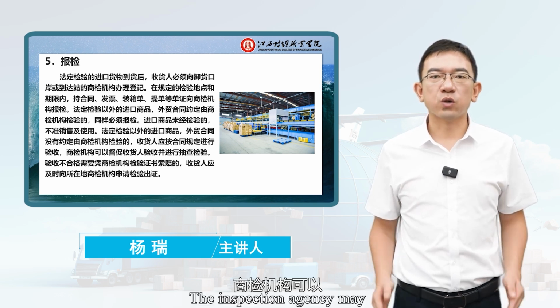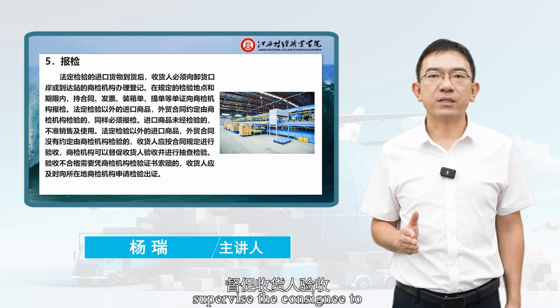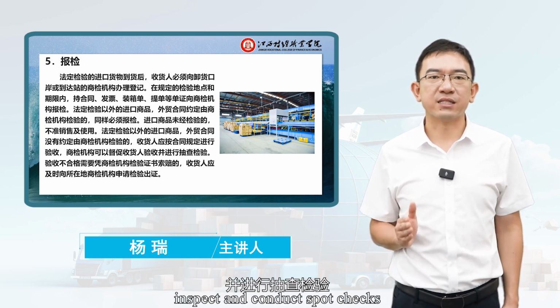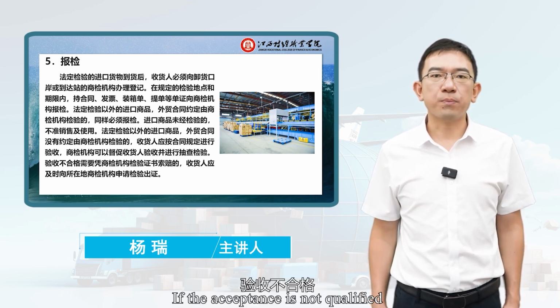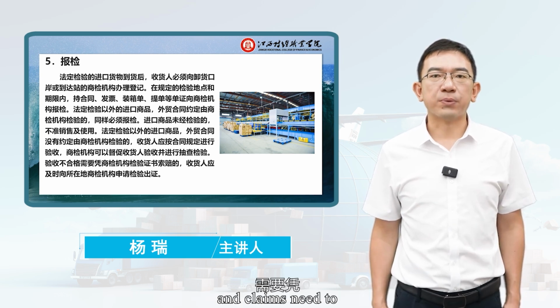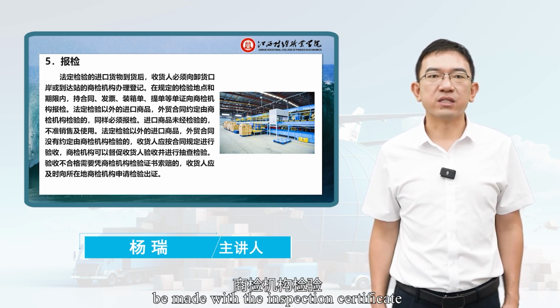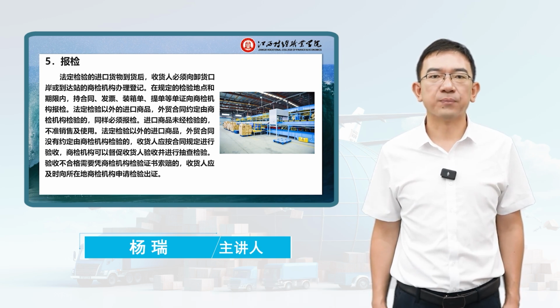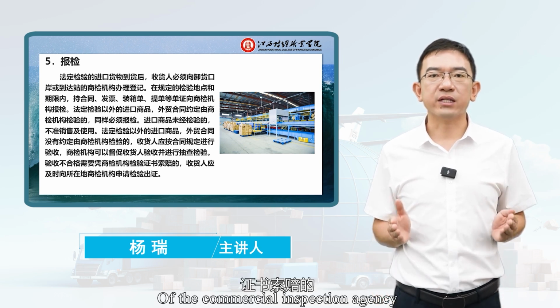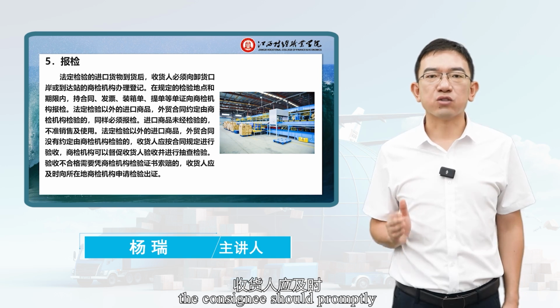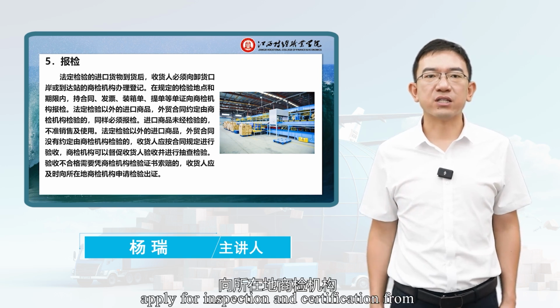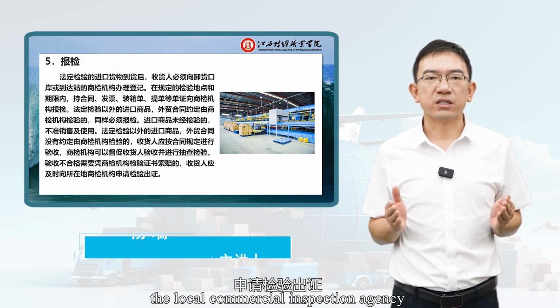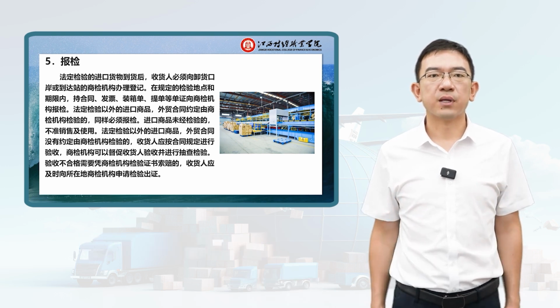The inspection agency may supervise the consignee to inspect and conduct spot checks. If the acceptance is not qualified, and claims need to be made with the inspection certificate of the Commercial Inspection Agency, the consignee should promptly apply for inspection and certification from the local Commercial Inspection Agency.